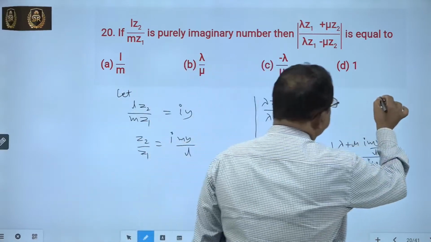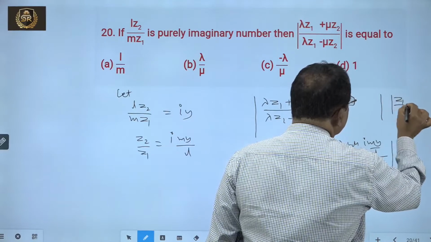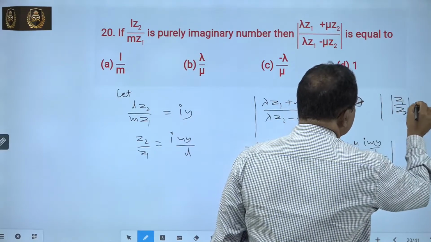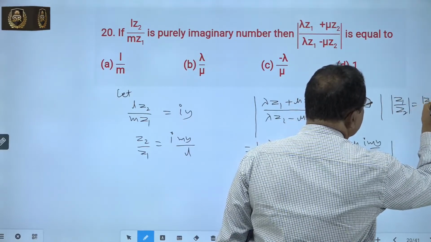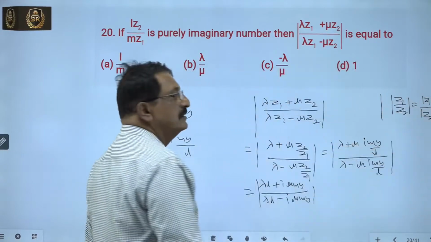But here mod of z1 by z2 equals mod z1 by mod z2, as we discussed in the last class.